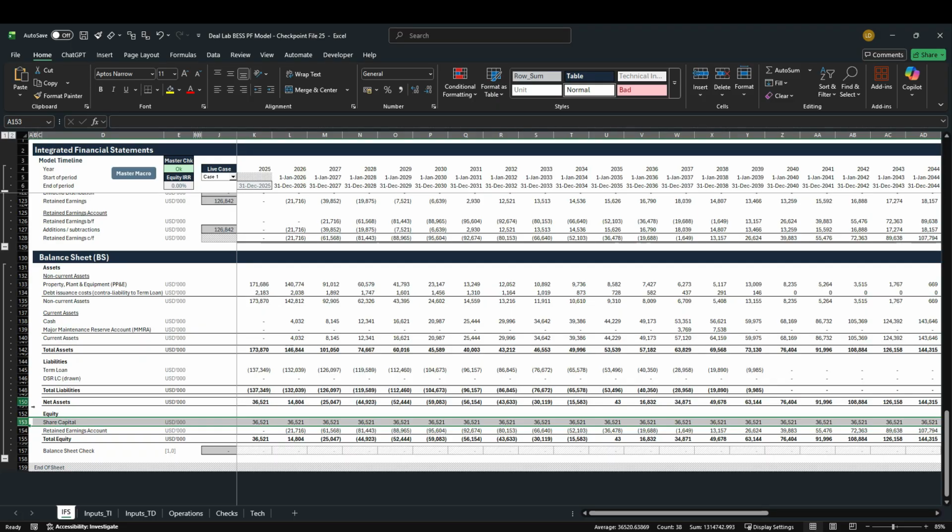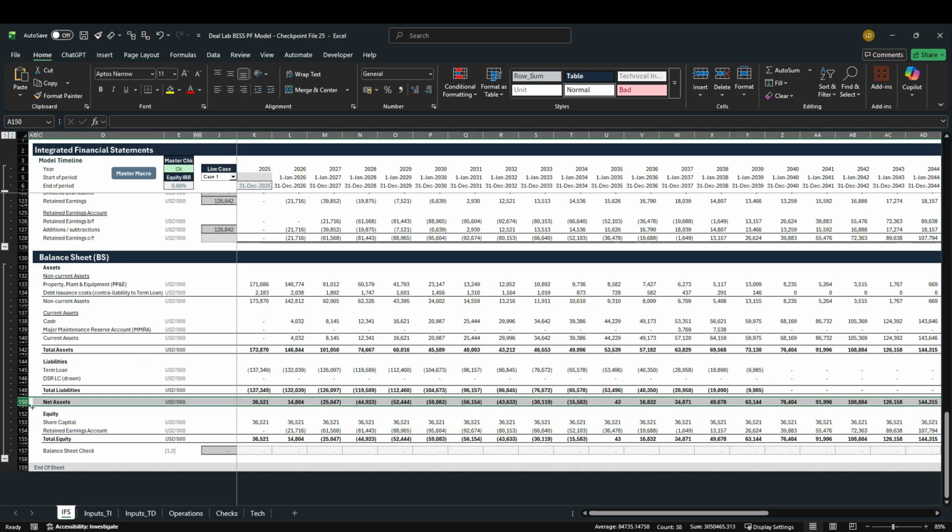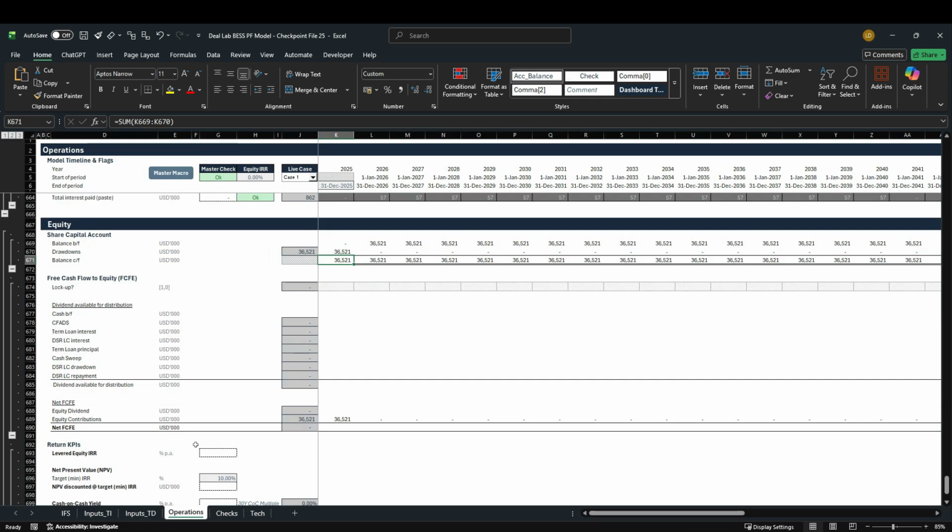And you can see that net assets now do indeed equal our total equity in each row. That's also a great sign that apparently we did not make any mistakes in the previous lessons, at least not mistakes leading to a balance sheet that is not balanced. So that's a great sign. Let's move back to the operations sheet.